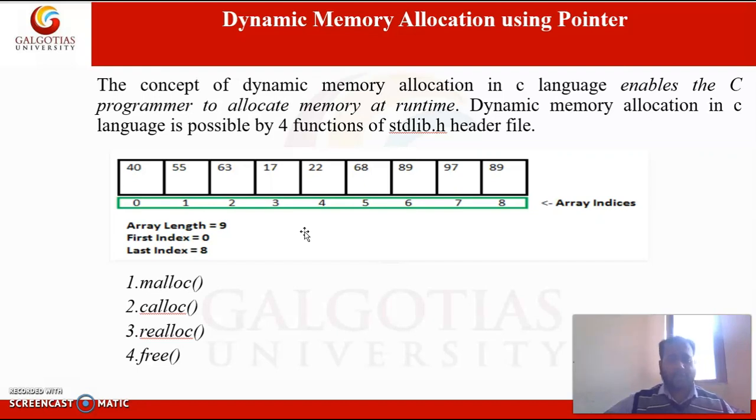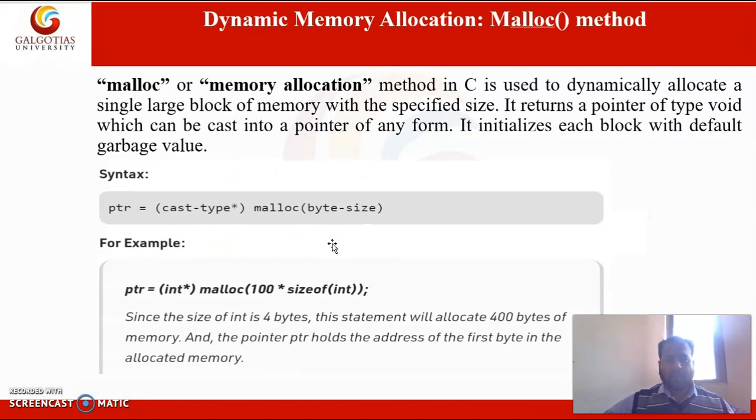The last index here is 8. So we have an array of length 9, starting with index 0, and the last index will be the size of the array minus 1. One by one we will discuss the methods available in the standard library for dynamic memory allocation.